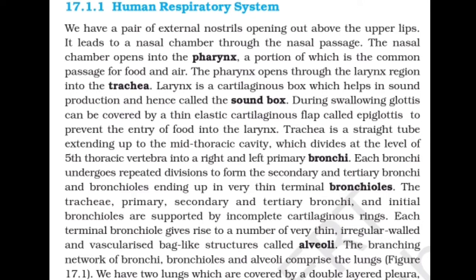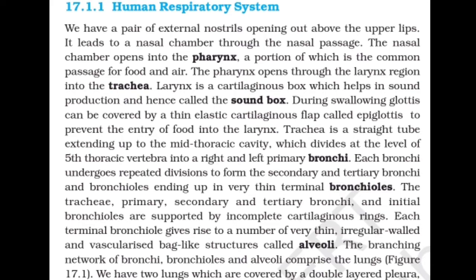The trachea, primary, secondary and tertiary bronchi and initial bronchioles are supported by incomplete cartilaginous rings. Each terminal bronchiole gives rise to a number of very thin, irregular-walled and vascularized bag-like structures called alveoli. The branching network of bronchi, bronchioles and alveoli comprises the lungs.